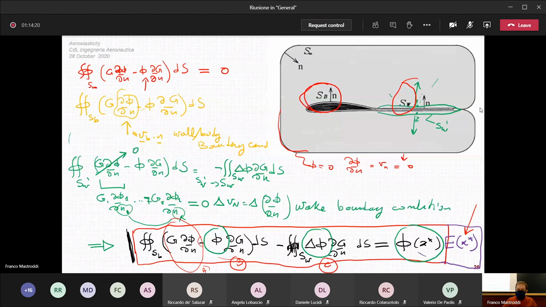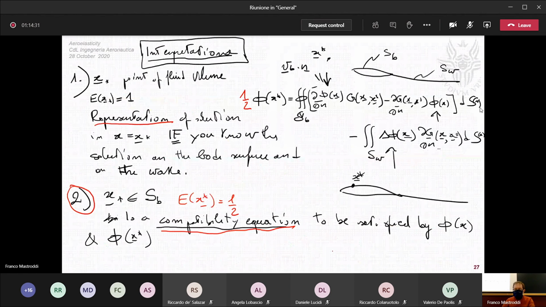I have included this minus sign in the integral definition. And so I have to define this new coefficient, the dG on the n, on the wake.